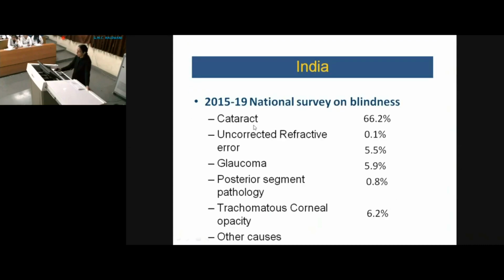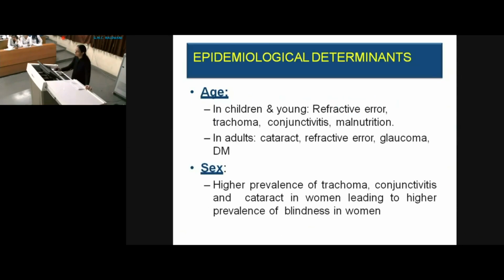The 2015-19 survey has shown that cataract is responsible for 66.2%. This is the prevalence in India. Uncorrected refractive error forms 0.1%, glaucoma 5.5%, and posterior segment pathology is responsible for 5.9%. Trachomatous corneal opacity is responsible for 0.8%, and other miscellaneous causes 6.2%.